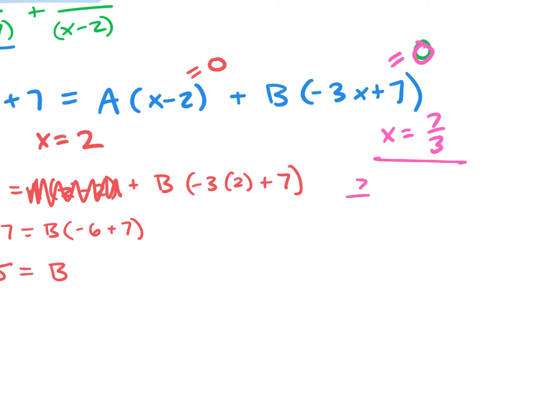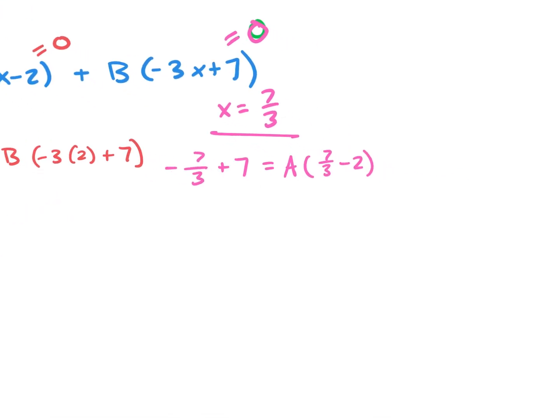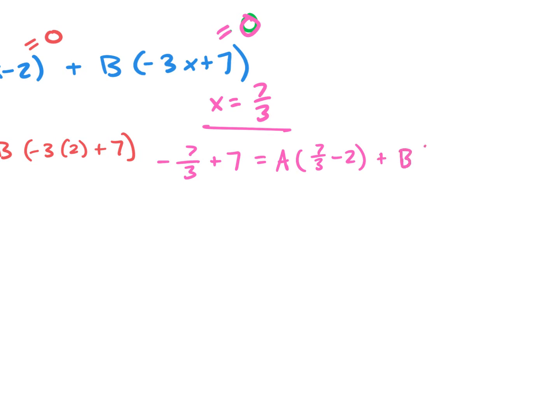So I have negative 7 over 3 plus 7 is equal to a times 7 over 3 minus 2 plus b times negative 3 times 7 over 3 plus 7.